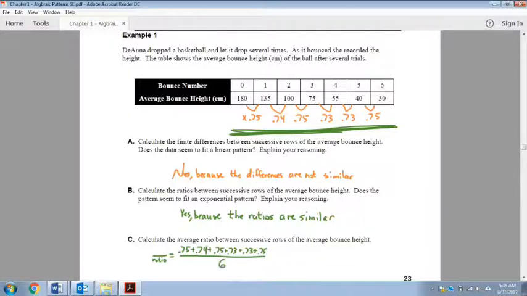Now remember, there are 7 items up here. Don't divide by 7 because there are only 6 ratios. That's what we're averaging.